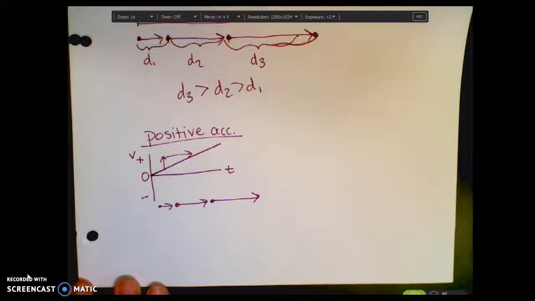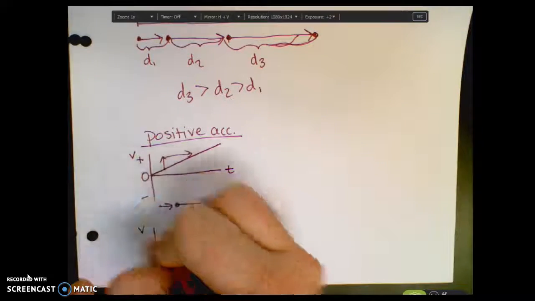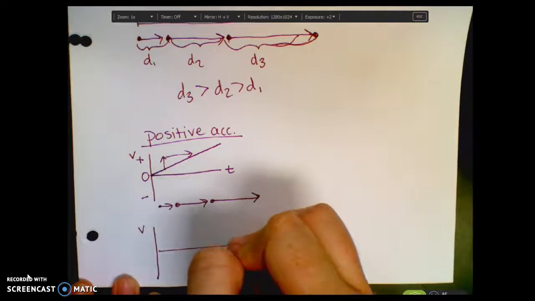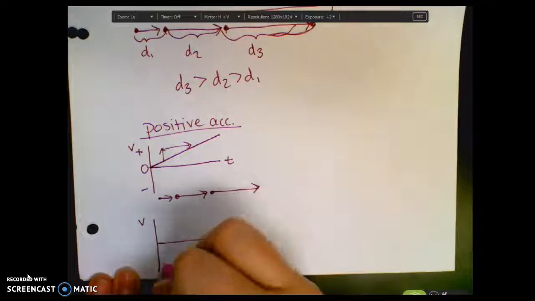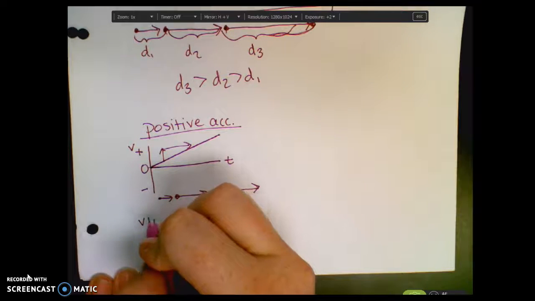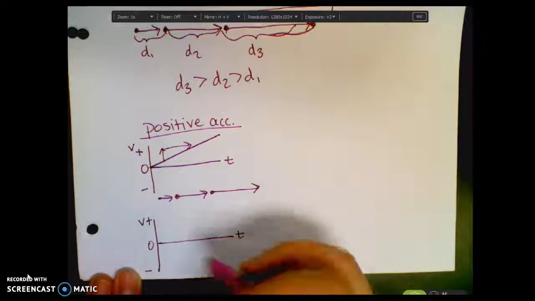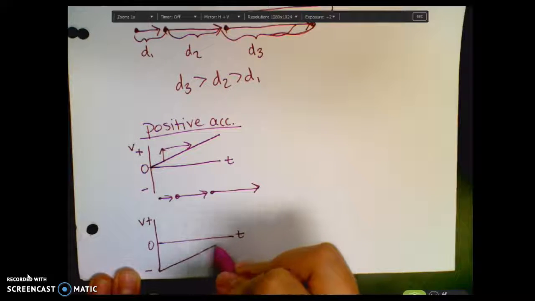Another case for positive acceleration will be slowing down to the left. Okay, here's another velocity and time graph. Now, if you're slowing down, you're starting at some speed, and I'm going to have a negative velocity to begin with because I'm moving to the left, and I have to approach 0.